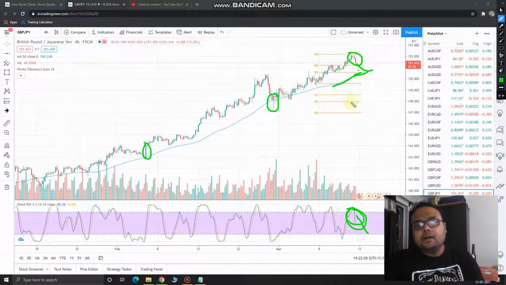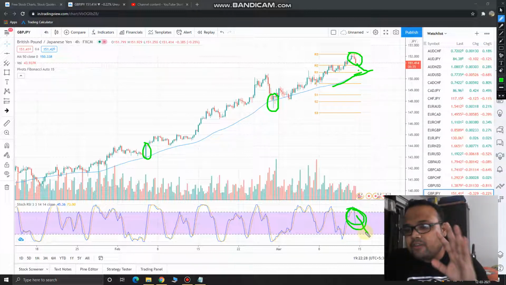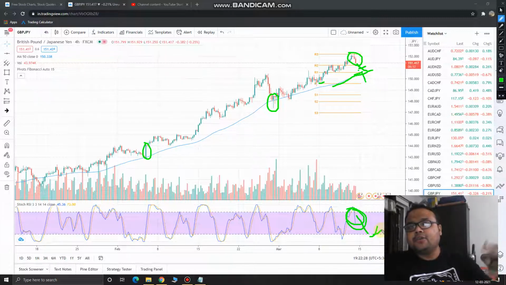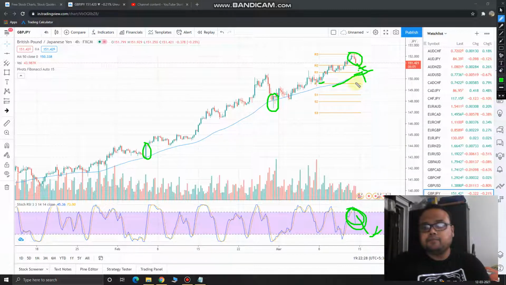If the price is at the 50 moving average, then it is well and good, a great position. And if you see that the price is above the 50 moving average and it is not taking support, then just wait for the stochastic RSI to go up again. When you see that stochastic RSI is ready to go up again, then also you can go ahead and buy. You can take a small risk.